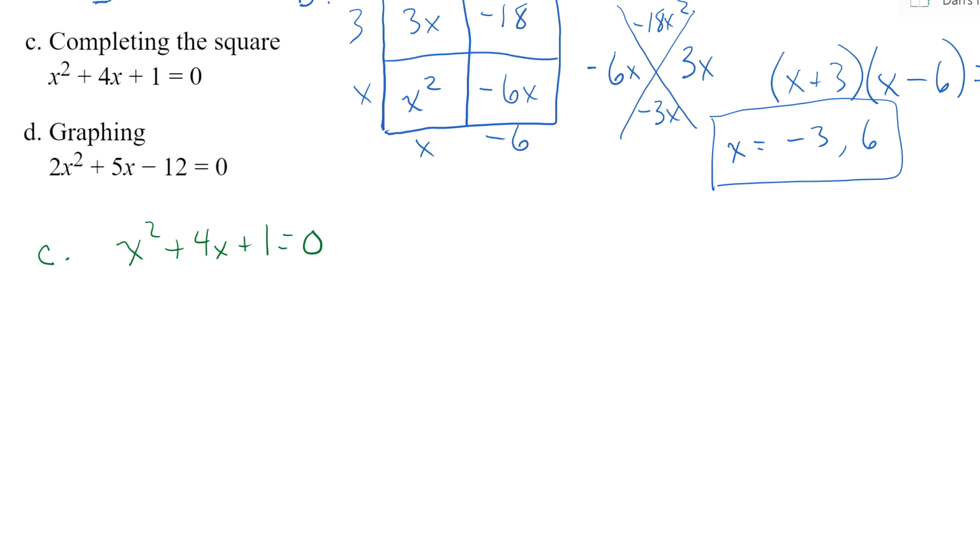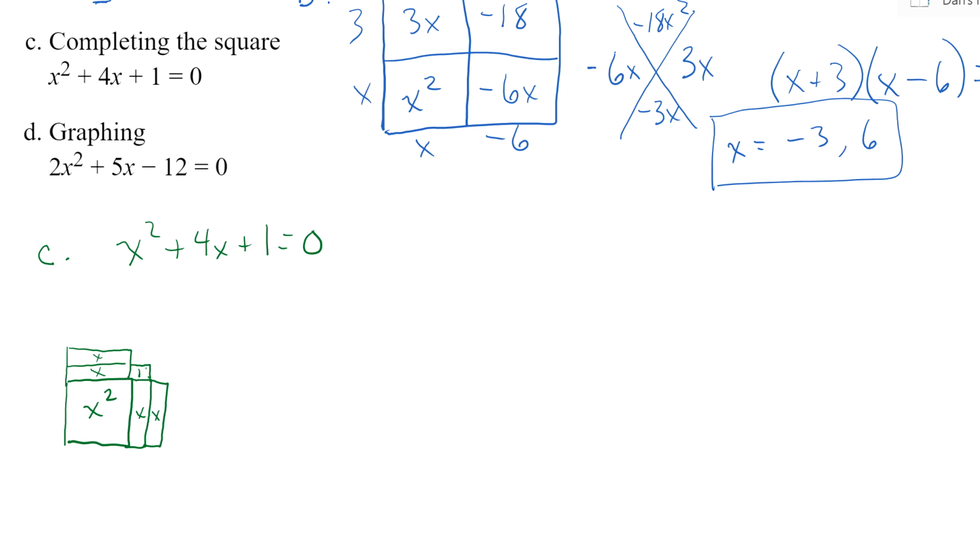So this is where you go. That's my x squared tile. I got 4 x's, so I'm going to divide that in half. Put an x here, 2 x's to the right, and 2 x's on top. This 1 is just going to go right here.